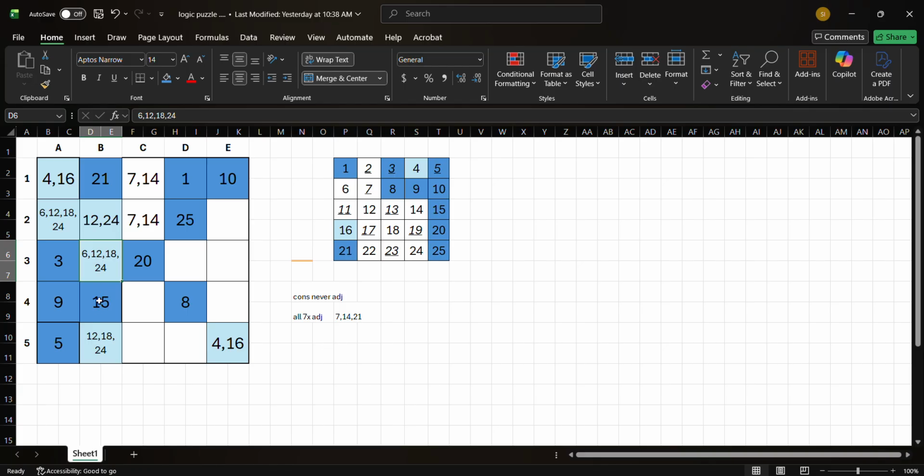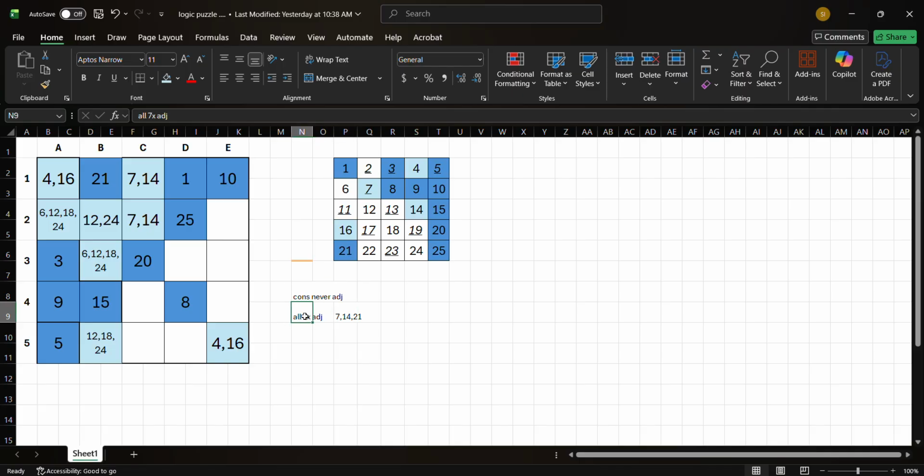And the 13 we haven't put in yet, but if say 13 was there, then that couldn't be 14, but again we don't know that. So that's fine for now. 14 and a 7, the only spaces they can go, which is why I've put them blue.